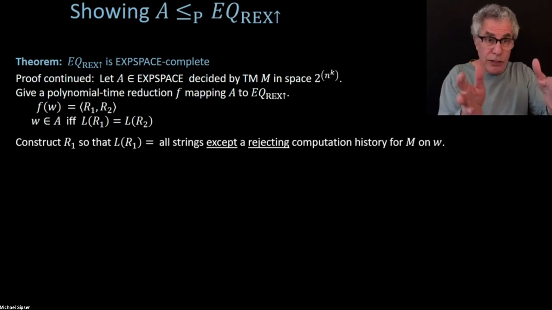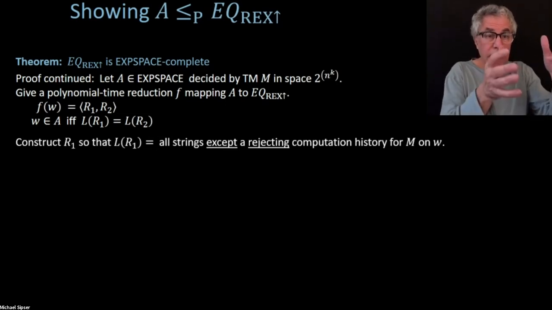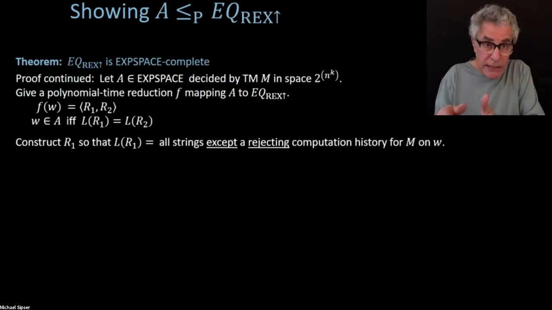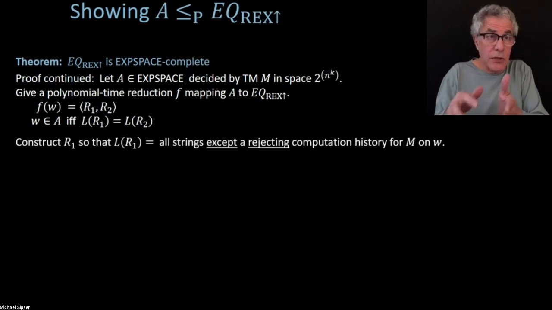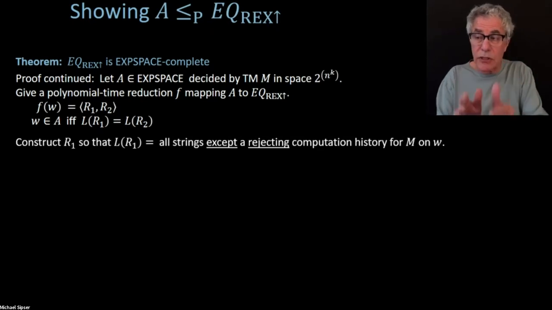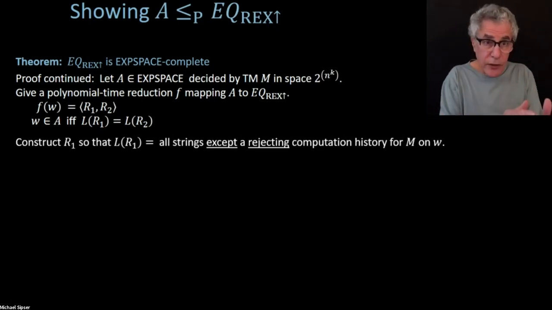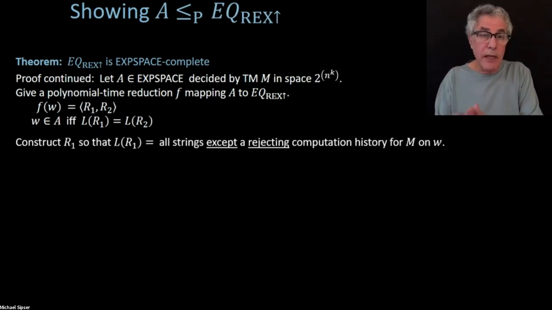For strings in the language, it ends up at a Q accept state. For things not in the language, it ends up at a Q reject state. So a rejecting computation history is the sequence of configurations the machine goes through from the start configuration until it ends up at a configuration with a reject state, a rejecting configuration.